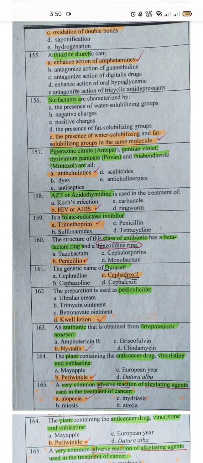156. Surfactants are characterized by the presence of water solubilizing and fat solubilizing groups in the same molecule. So these are substances that absorb to surfaces or interact to reduce surface or interfacial tension.